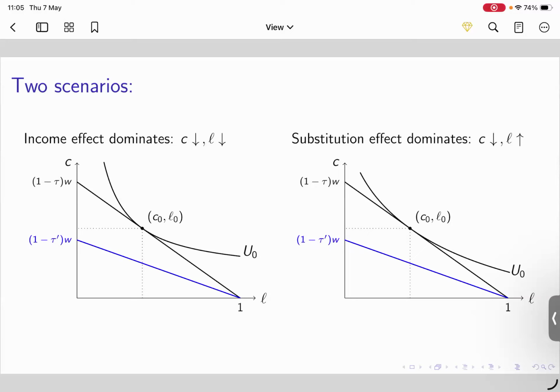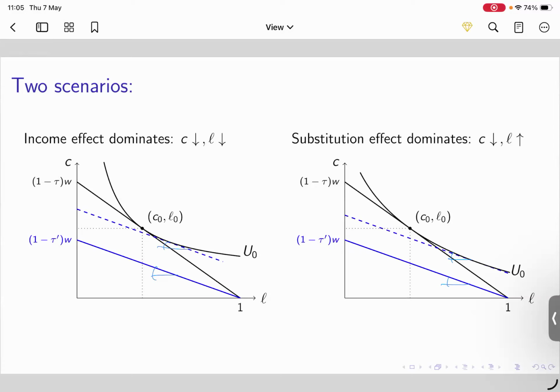First of all, let me identify the substitution effect by looking at the compensated budget line. So that means that I'm trying to find the point on the original indifference curve that has as a tangent a line that has exactly the same slope as my new budget line. You see the slope of these four blue lines are exactly the same.